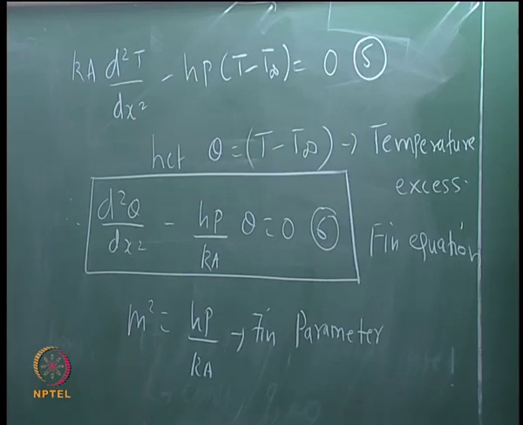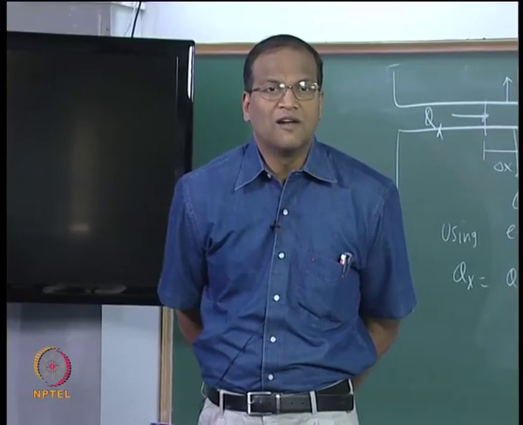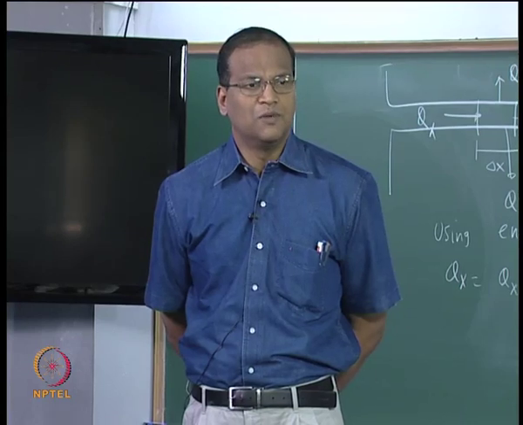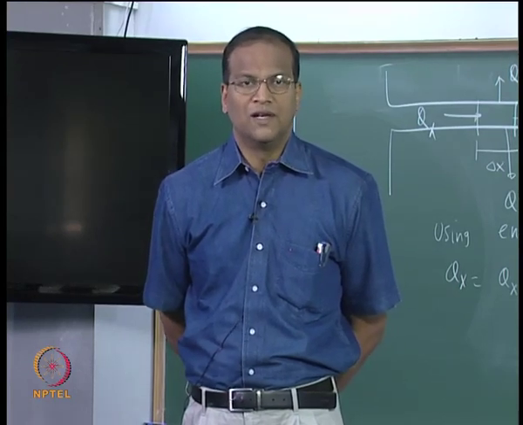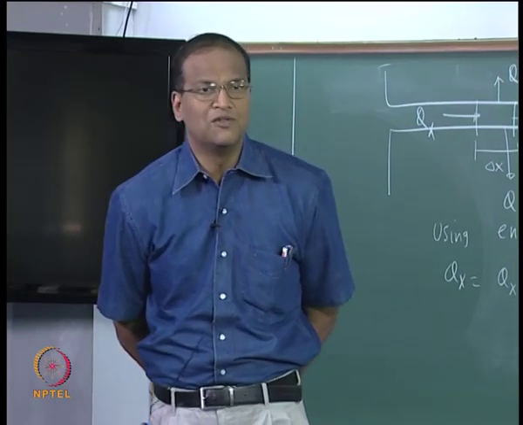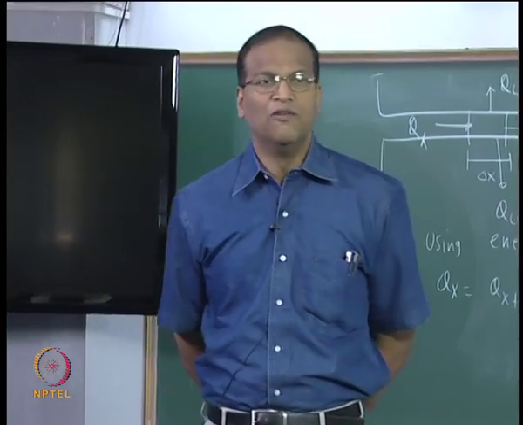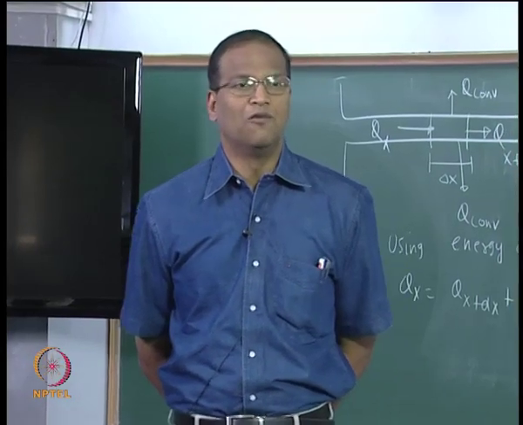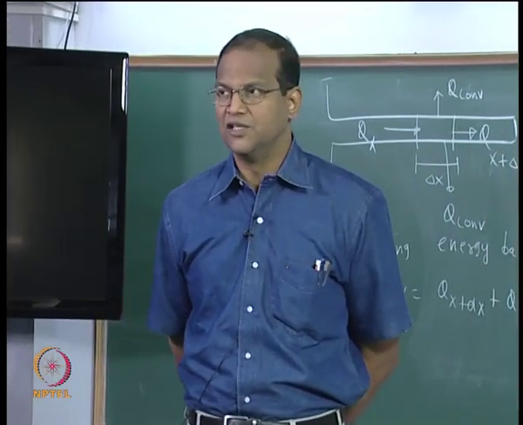The heat transfer coefficient, perimeter, thermal conductivity and area of cross section of the fin, all of these are available before we start the analysis. Therefore, you can calculate hP by kA and take the root of that, that will be m, the fin parameter, that gives you the horoscope of the fin, fin with low m, fin with medium m, fin with high m, that will give you an idea of the efficiency of the fin.